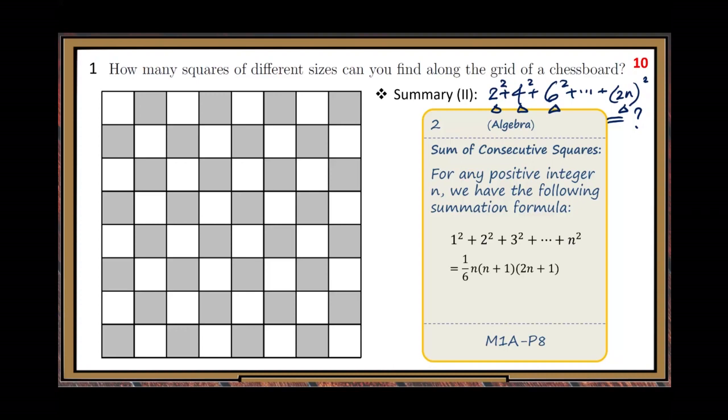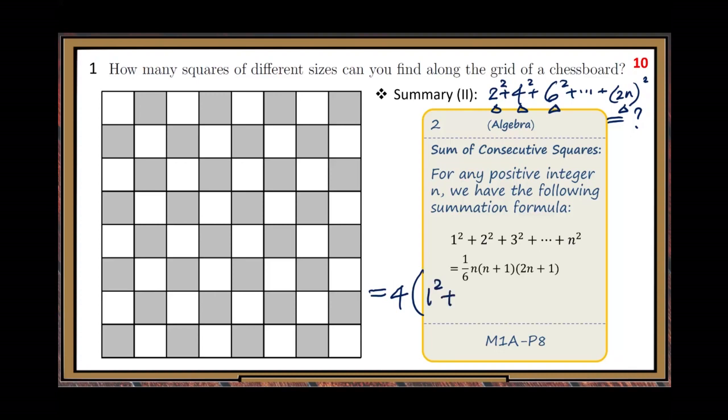So we can factor out the common factor first. After we factor out 4, inside the parentheses, the first term, 2 square, only 1 square left.